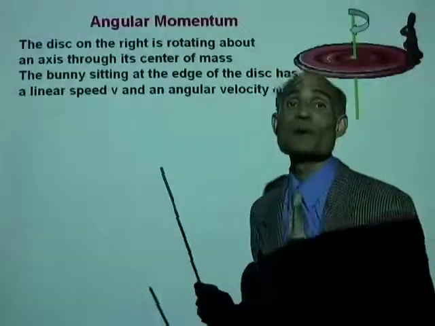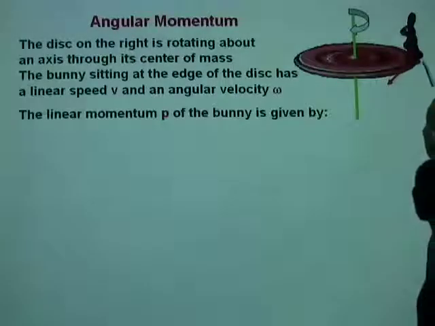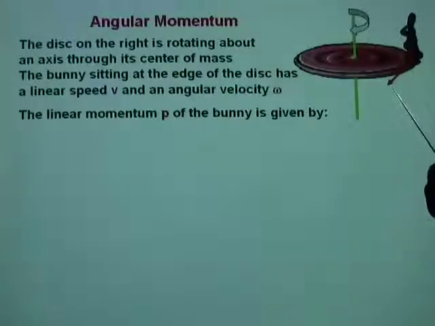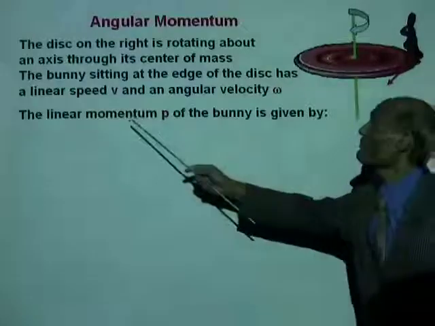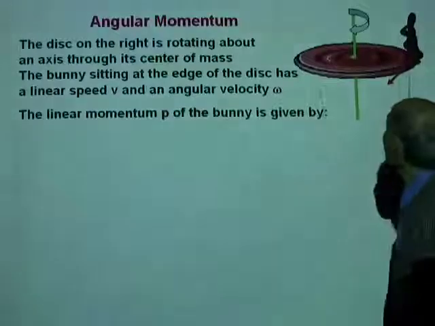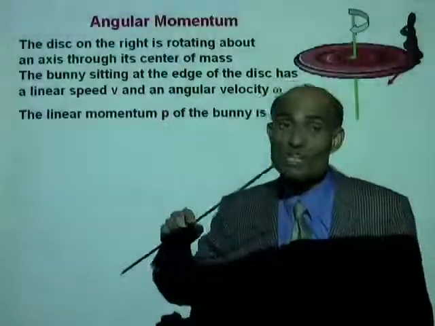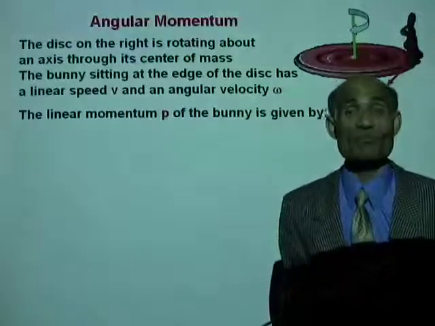V equal to r omega. Okay, so the bunny has the linear speed v, and therefore its linear momentum p will be tangential. Is that right? The momentum is a vector which is in the direction of the velocity.